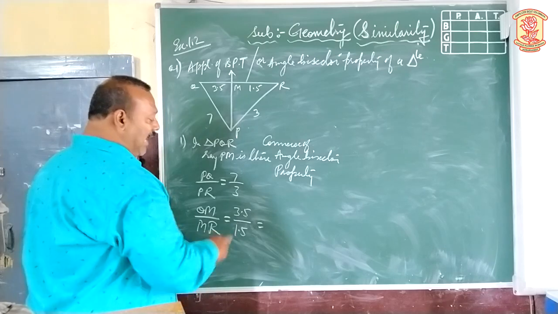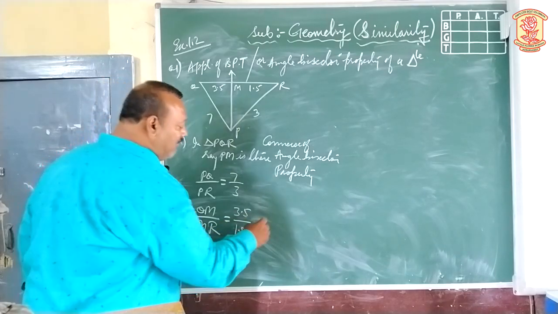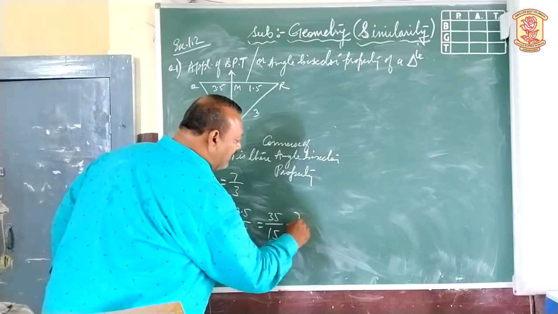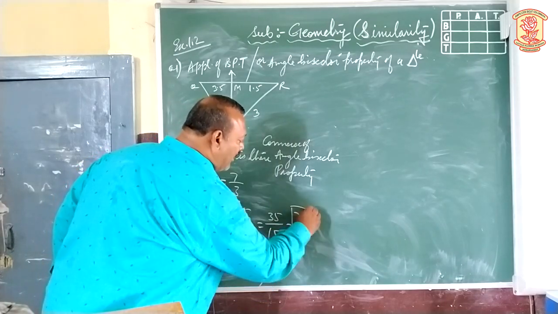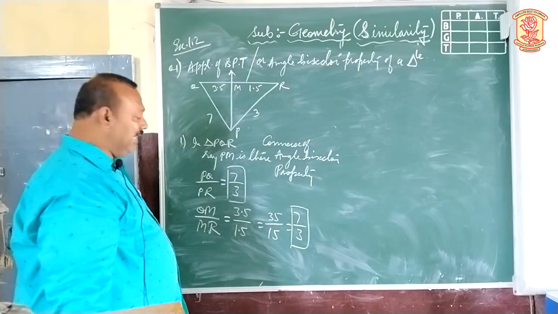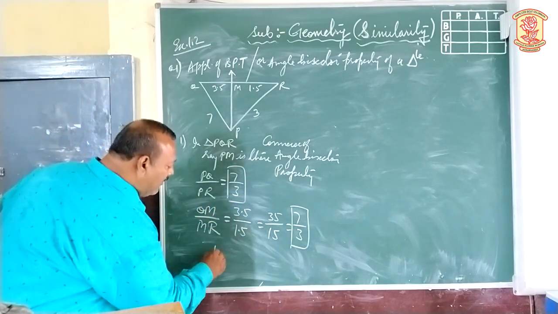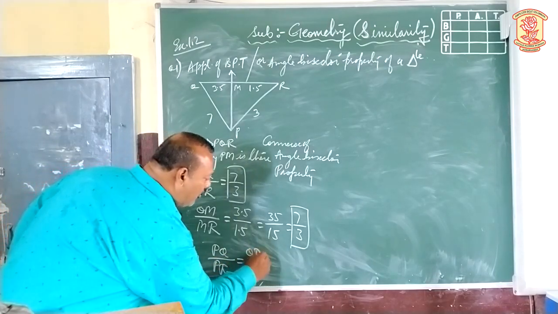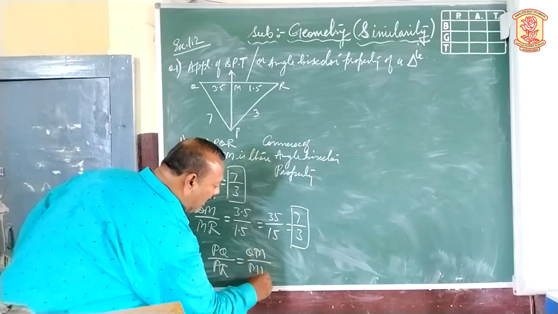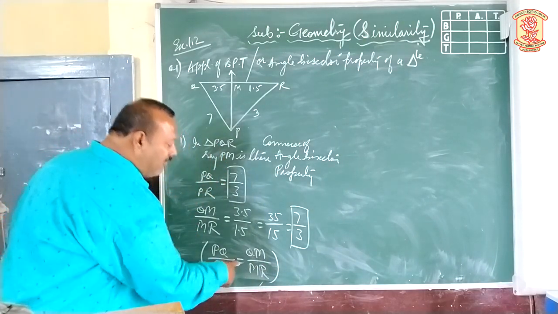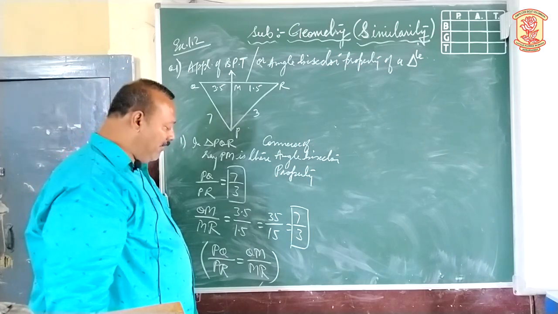Remove the decimal, after decimal 1 digit, it becomes 35 upon 15. 5 sevens are 35, 5 threes are 15. What ratio are you getting? 7 by 3. In the first also 7 by 3. Now here we can say that PQ upon PR is equal to QM upon MR.